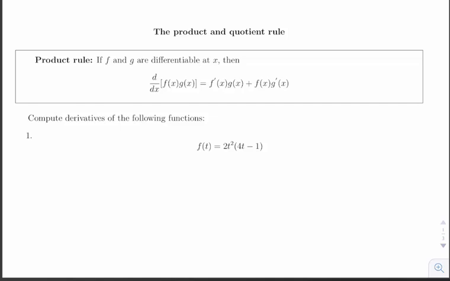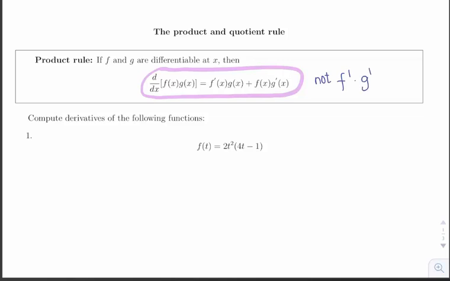It says that if I want to compute the derivative of a product of two functions, then it's computed this way. It's f prime times g plus f times g prime. So it's important to see that it's not f prime times g prime.